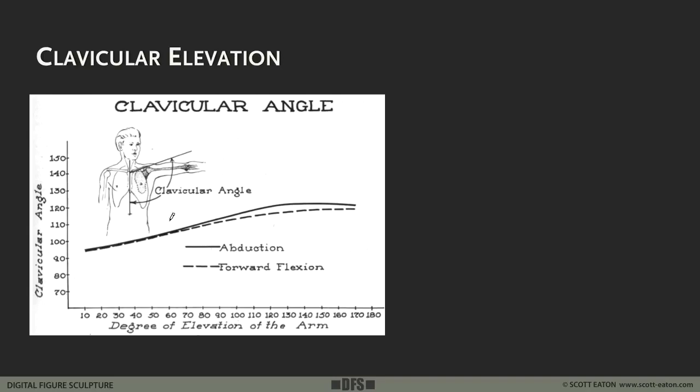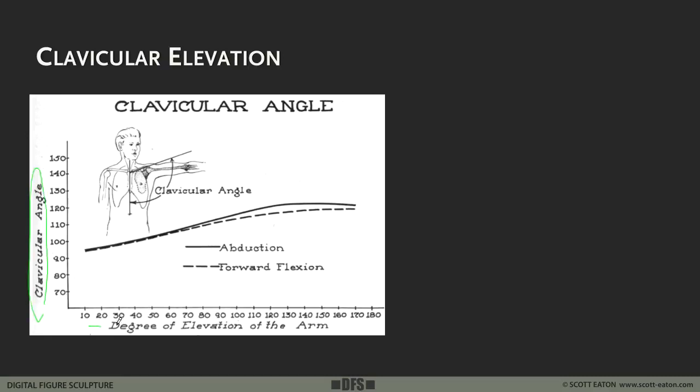Okay, and they've actually done quite a nice job of summarizing and plotting the data that's relevant to us as artists. So really what we have here is a graph of elevation of the arm versus the angle of the clavicle.